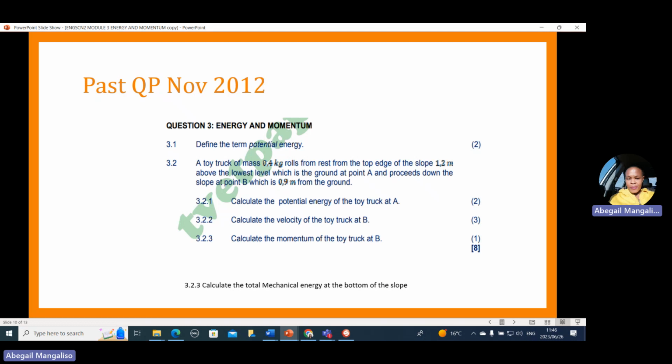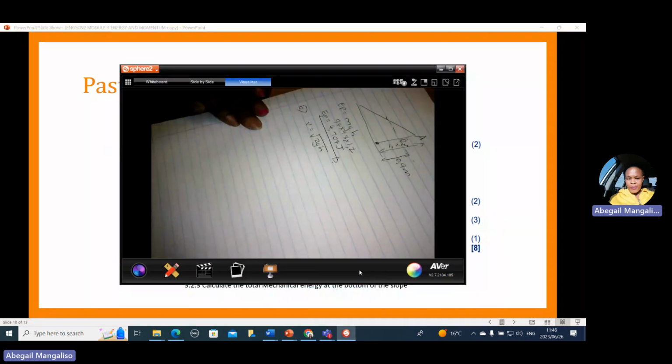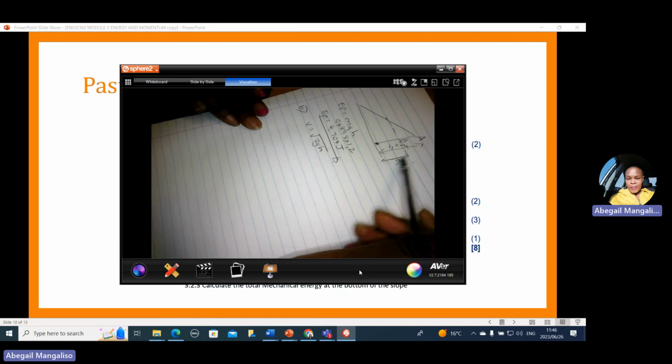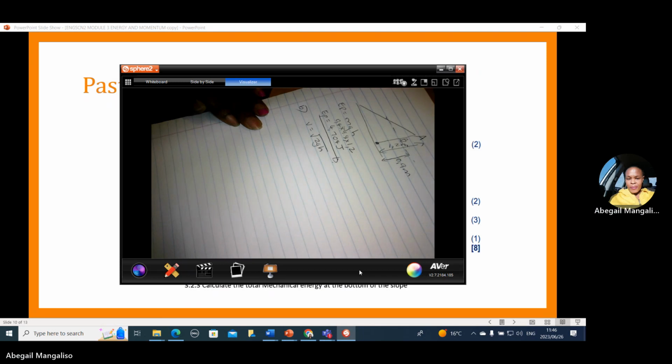The shortcut formula for velocity is V equals the square root of 2gh. Remember, the height is the distance that is covered by the object. So this object did not cover 0.9, but it covered the difference between the two.